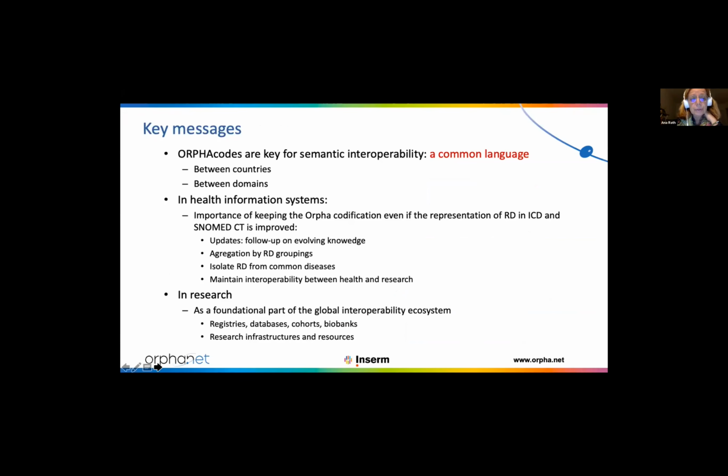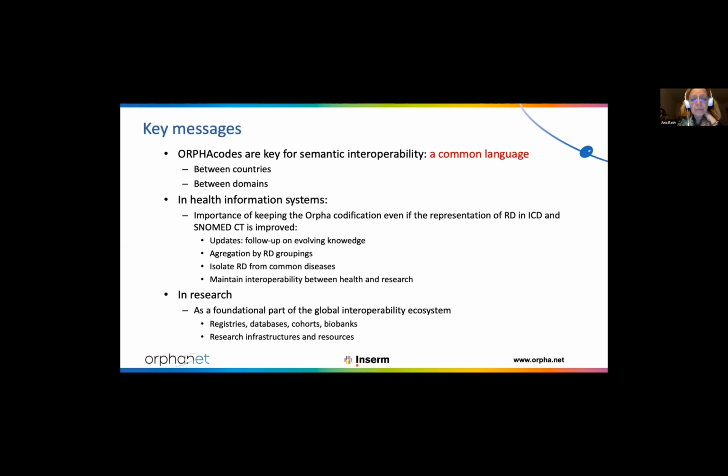between sectors, and it is updated, so it follows the evolving knowledge on rare diseases that is very dynamic, allowing for aggregation by rare disease groupings specific for rare diseases, allowing for the isolation of rare diseases from common diseases, and maintaining interoperability between health and research that are using different terminologies.